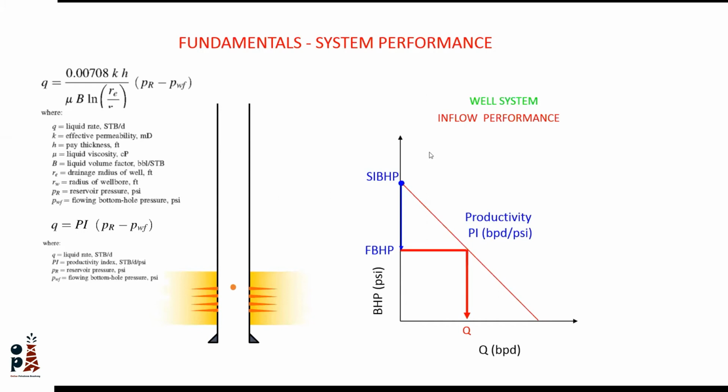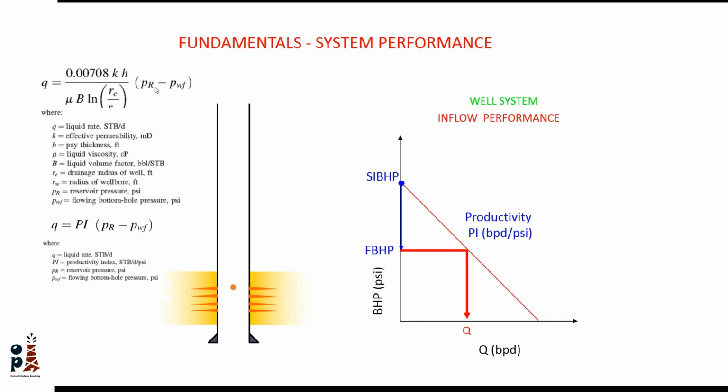Another two factors will be the drainage radius and the well radius, which will represent the distance the fluid will travel in the reservoir. So if we look at the equation on the left above, the flow rate for each reservoir and fluid will equal a constant multiplied by a delta P, which is the reservoir pressure minus the bottom hole flowing pressure.